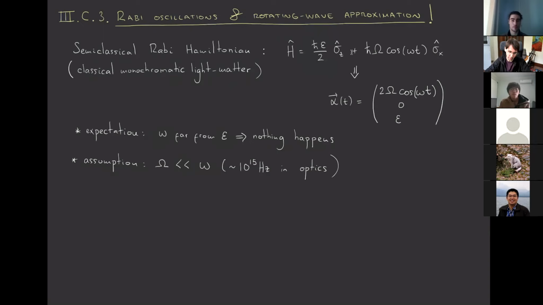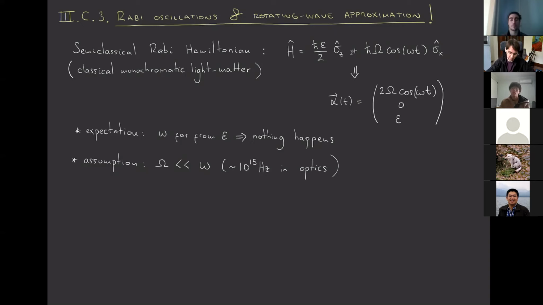So essentially, this is the assumption that we will make, that omega, the strength of the interaction, is much smaller than the frequency. This is very well satisfied in optics, as I was saying, because we will see that the strength of the interaction depends essentially on the strength of the electric field.